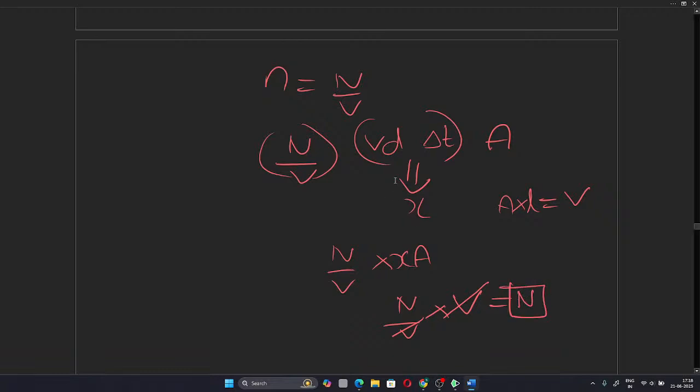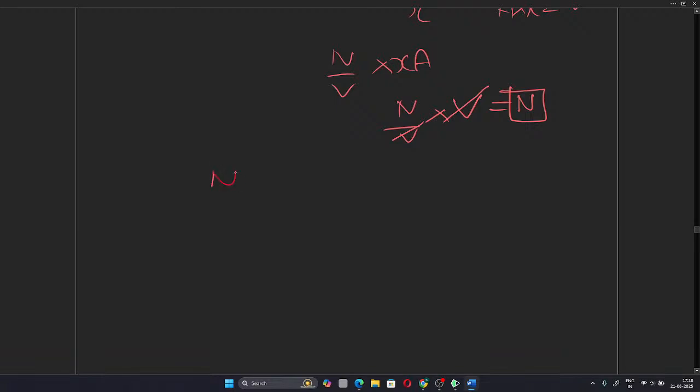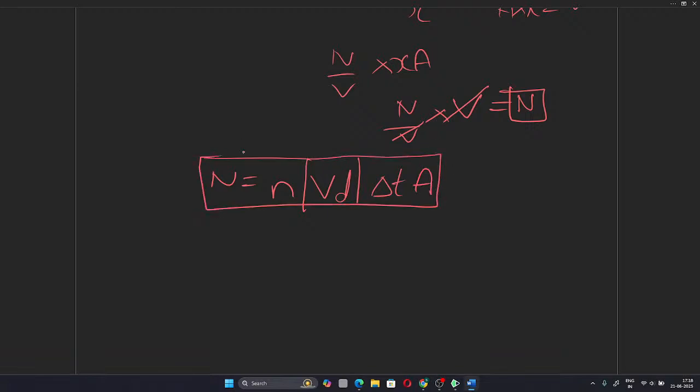So we can say that N equals n, the volume density, times drift velocity times time taken times area. This is the total number of electrons.